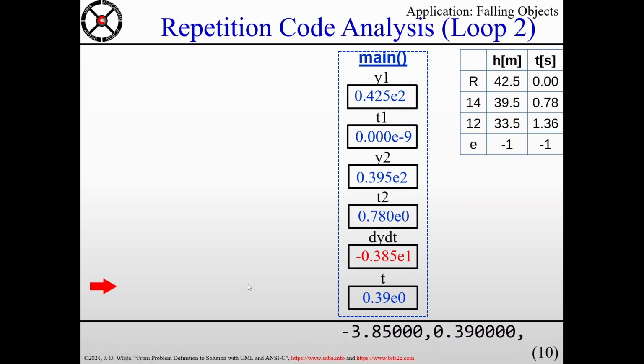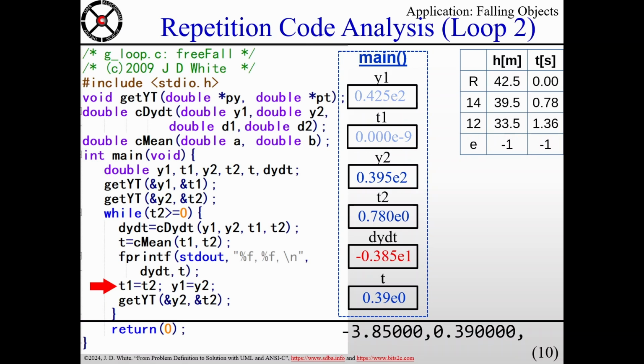The next line sets t1 equal to t2 and y1 equal to y2. Basically this number is copied into here, this number is copied into here. We get y of t, good.